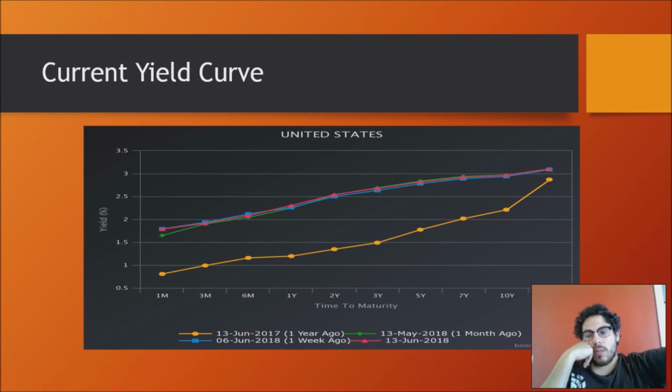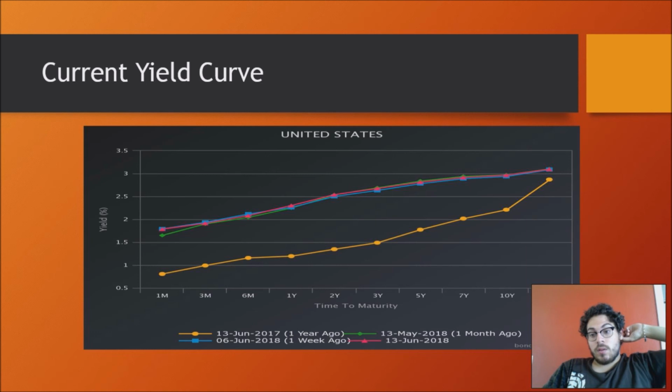I'm going to pause and ask you a question so you can see if you get my point. If you analyze last year's yield curve and today's yield curve, what's the biggest difference? Okay, as you can see, the yield curve from last year was sloping up.